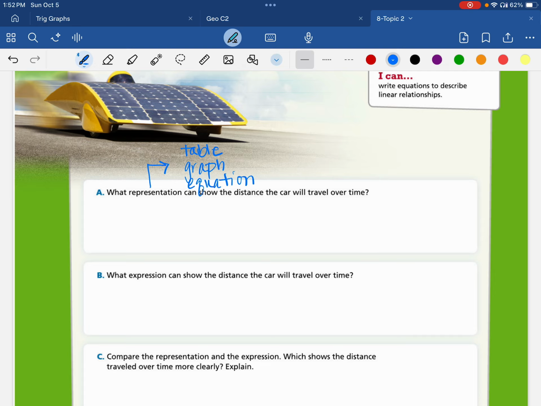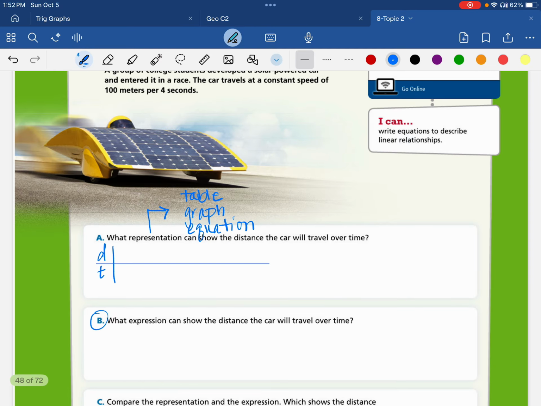The equation is going to be the expression that we write for part B. If you were to show this using a table, we are looking at comparing distance versus time, or you can swap those around, time in the top row, distance in the bottom row. It doesn't really matter. The information that it gives us is that it can go 100 meters in 4 seconds.